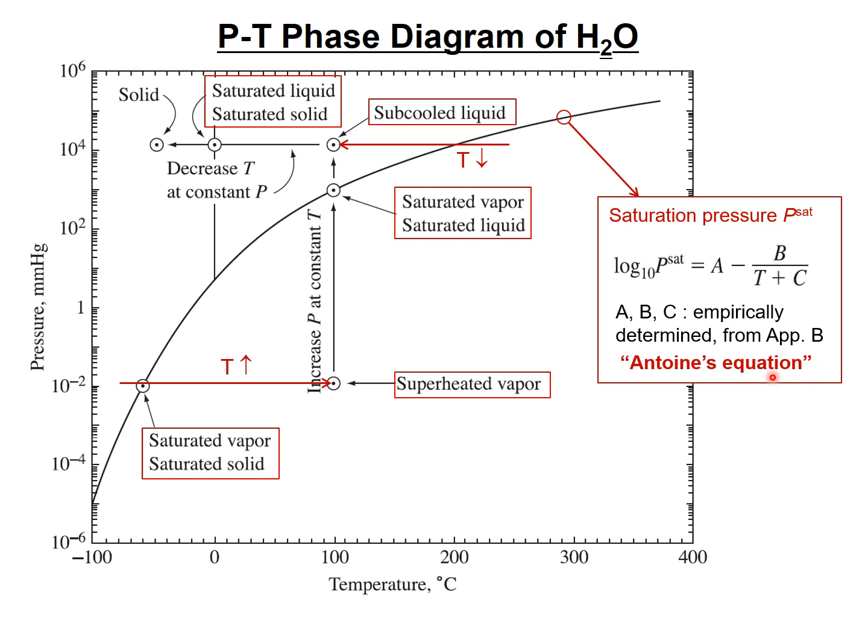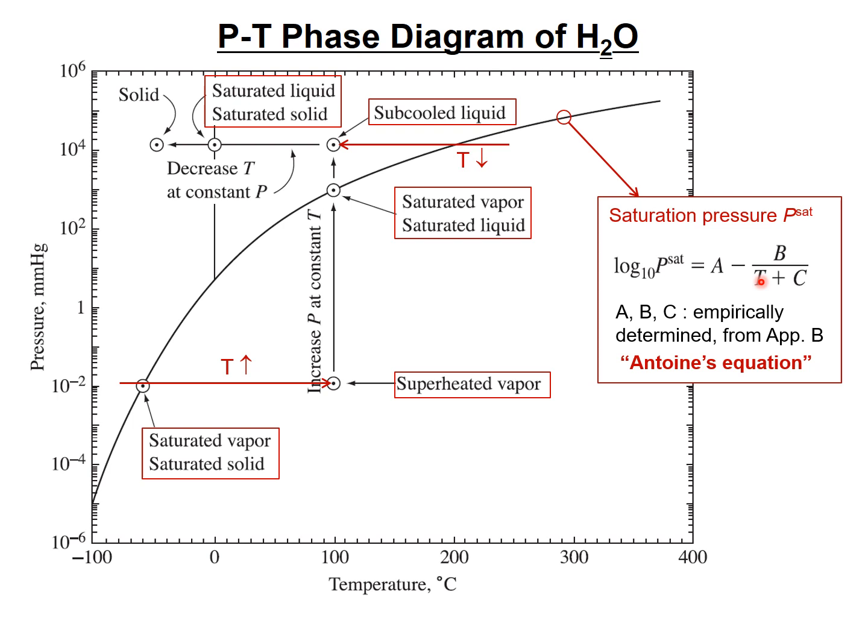Let me write the Antoine equation here. Log 10 of the saturated pressure, because we are on the coexistence line, is equal to some parameter A minus parameter B over T plus parameter C. Of course, T is the saturated temperature.